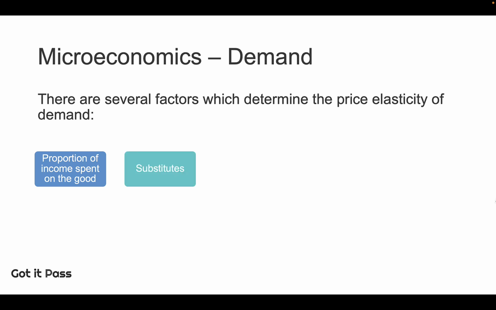And the next factor is substitutes. If there are close and available substitutes for a product, then an increase in its price is likely to cause a much greater fall in the quantity demanded as consumers buy suitable alternatives. So it depends on which products you are talking about, like a car.